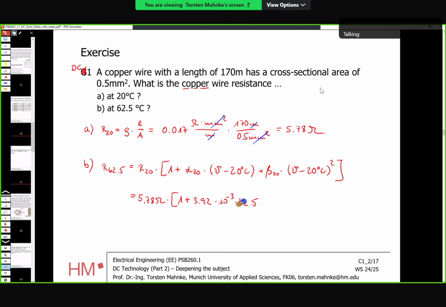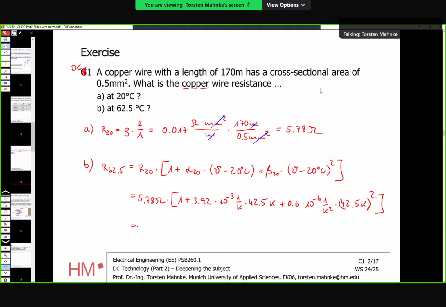I forgot to write down the unit behind this one here. This is 1 over Kelvin, right? Times 42.5 Kelvin. Plus beta 20, which is 0.6 times 10 to the power of minus 6, 1 over Kelvin square, times 42.5 Kelvin to the power of 2.